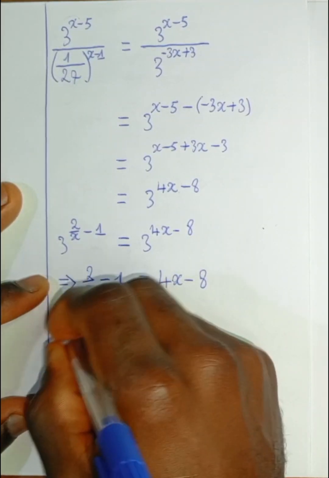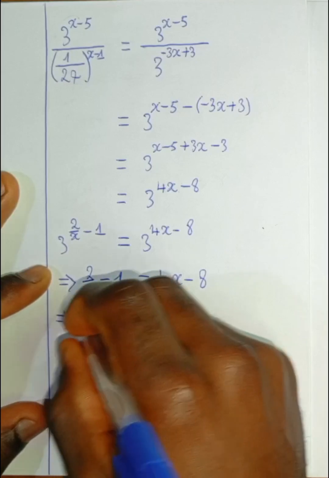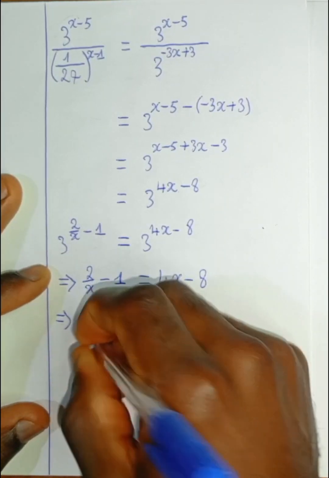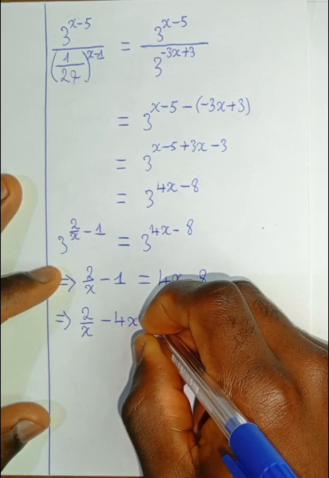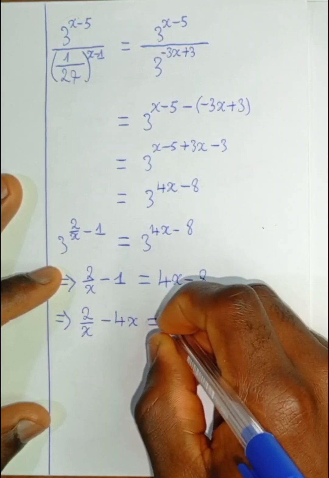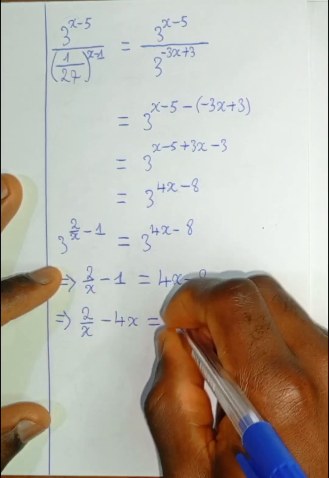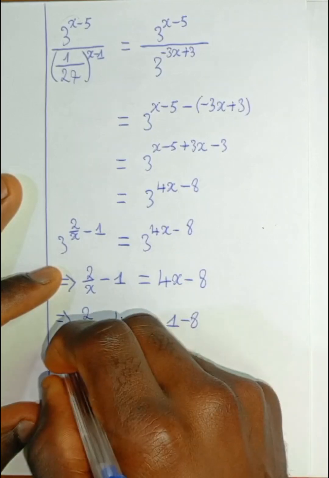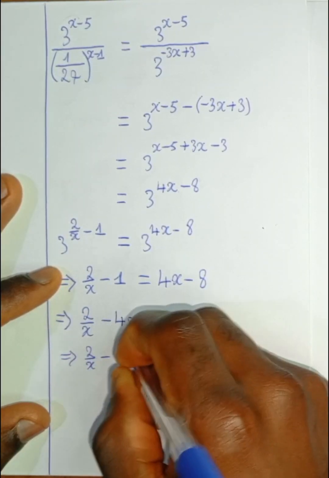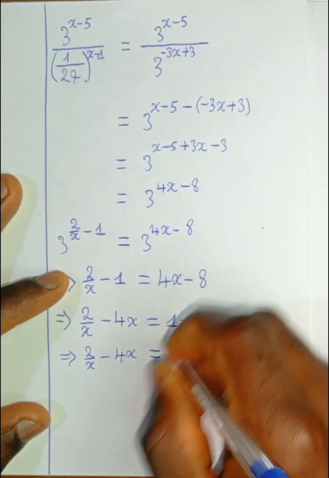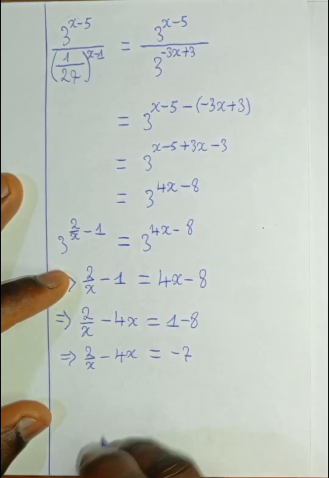This will give us 2 over x minus 4x equal to 1 minus 8. This will give us 2 over x minus 4x is equal to 1 minus 8 gives us negative 7.